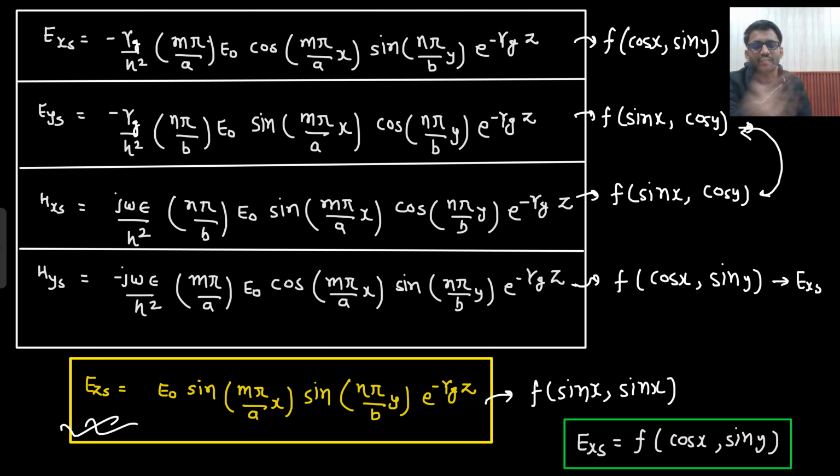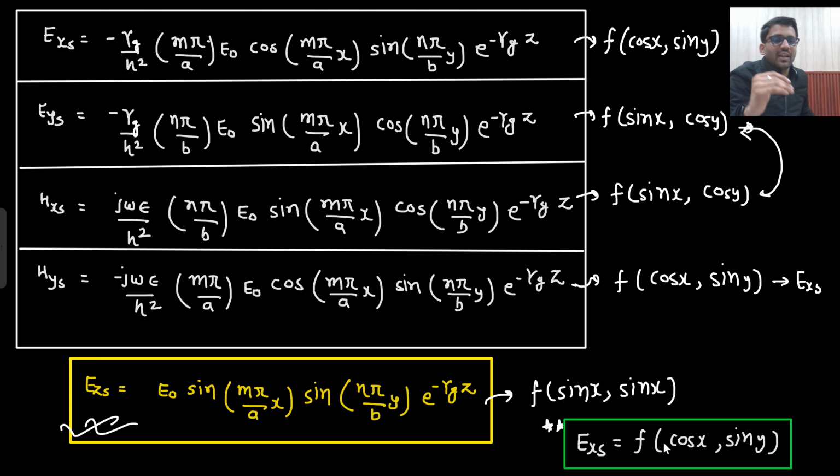So EZS is a function of sin sin. If I talk about EXS, that is a function of cos x sin y. Just remember this: EXS is cos x sin y. If EX is cos x sin y, then what would be your HY? Because EX and HY are brothers: if the electric field is in the x direction, then the magnetic field will be in the y direction.